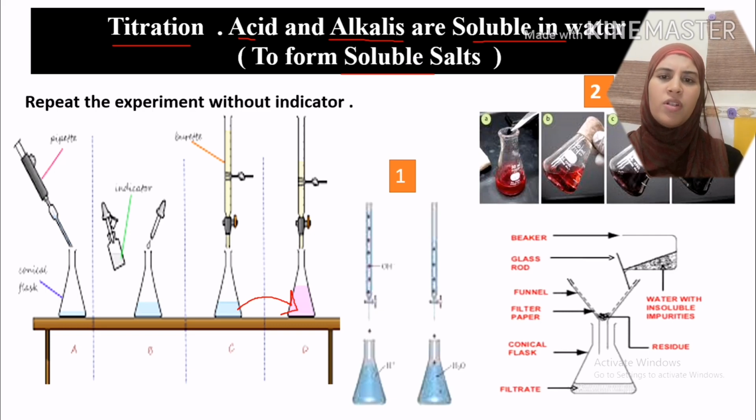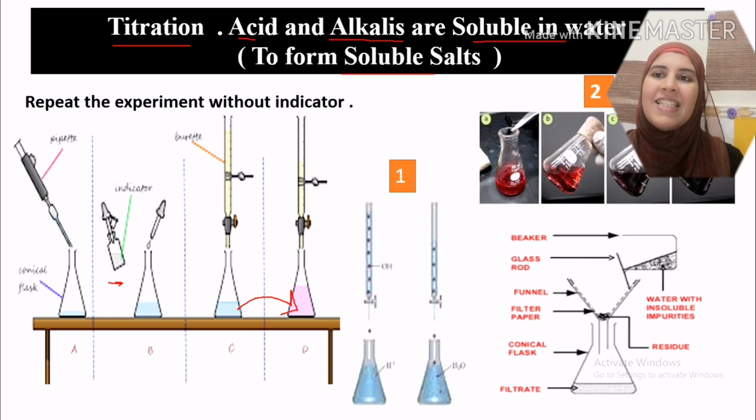After having the neutral solution, we can do any one of the following steps. The first one, we can remove our solution and repeat the experiment by adding the same value of acid. Don't add indicator, cancel the following step and start to make titration by adding base with exactly the same amount which you added in the last experiment.